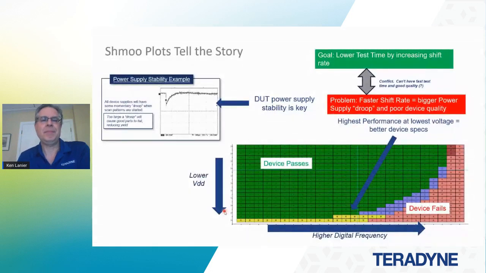If you want to find out how big an issue you have, typically what we do is we look at shmoo plots, and everyone probably understands what a shmoo plot is, but typically what happens is you just record pass-fail results as you vary parameters, and the ones that are very popular to vary are VDD and the scan rate, the scan shift rate. So the pattern rate effectively.